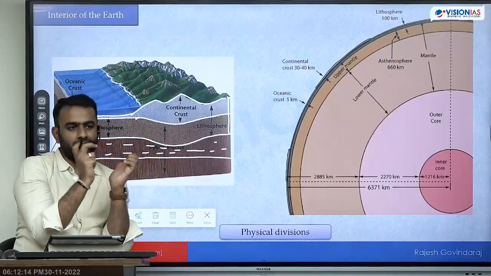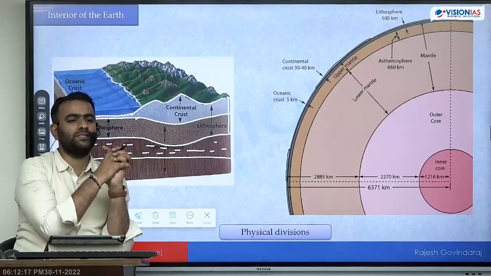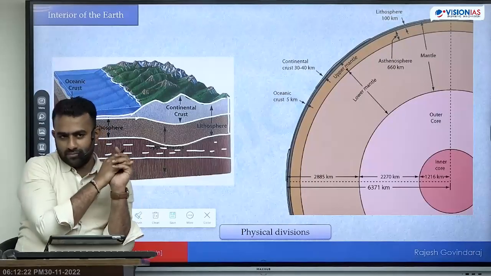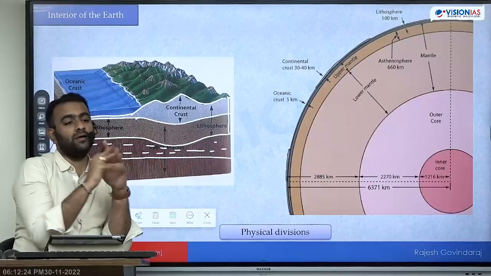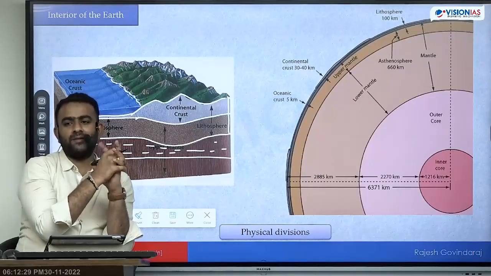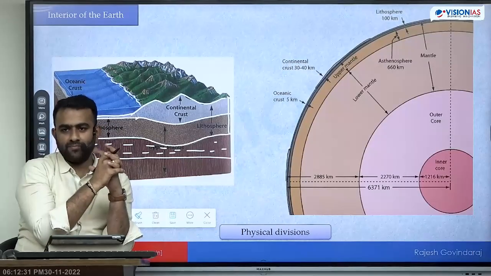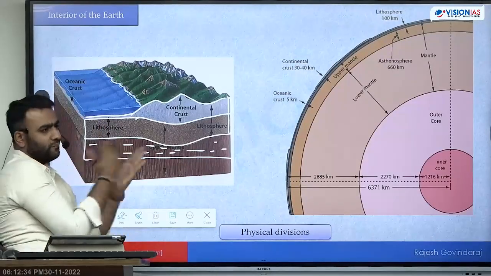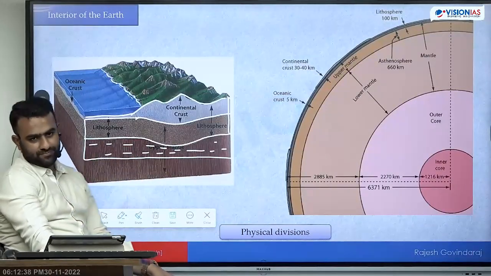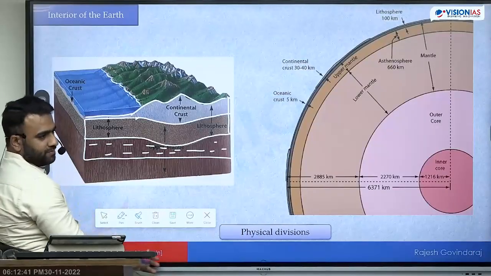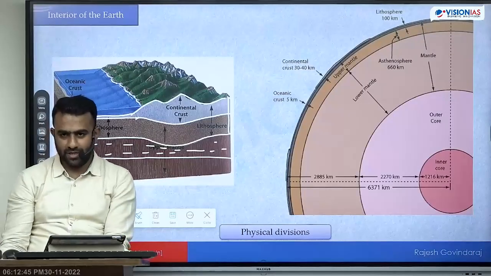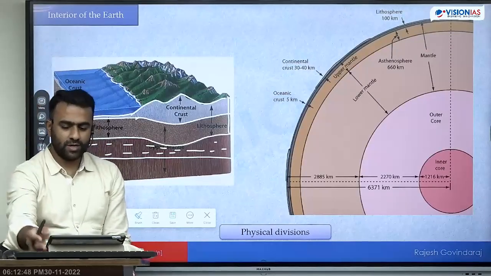The individual units of lithosphere, which we call the plates, are not completely static. They change their position. They are in constant motion. We call it plate movement. ठीक है? So detail में बात करेंगे. Why are they moving? Because the lower layer is in a semi-solid and semi-liquid state. Below that there is mesosphere, and below that there is barysphere. ठीक है? So write about this.